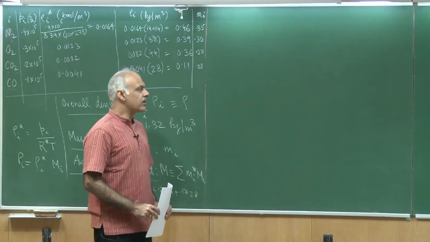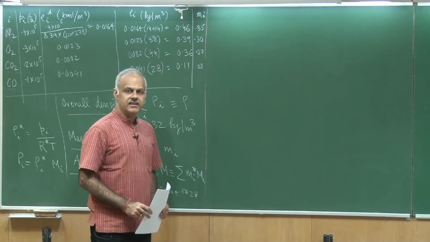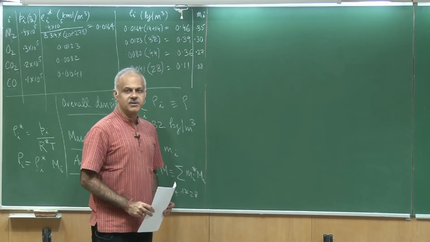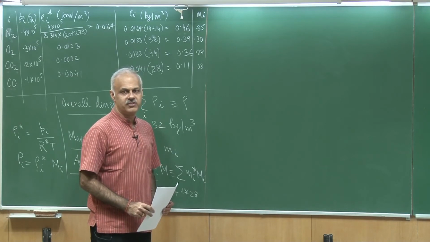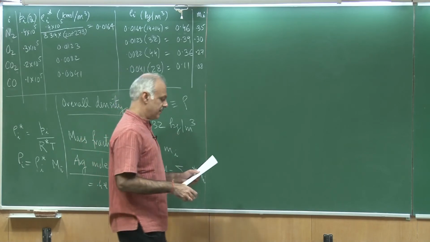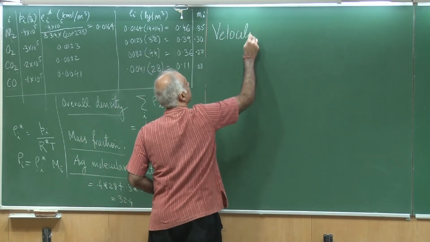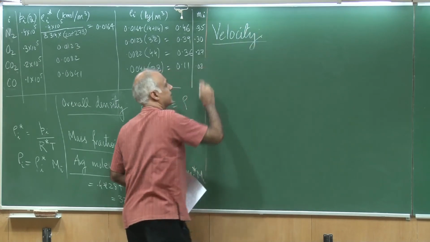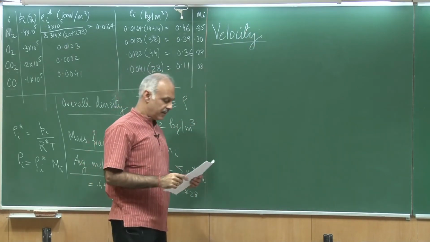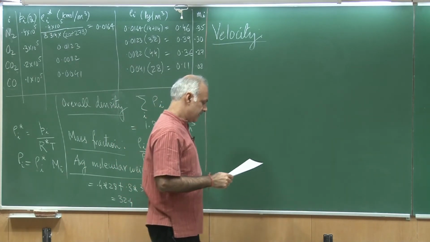So we've already talked about now the mass and the molar density of the mixture. We actually want to talk about fluxes because that's what will take us to the Fick's law. For that we need to introduce the concept of velocity. So let me introduce two velocities for you. The velocity based on mass, and then the other, the molar density.